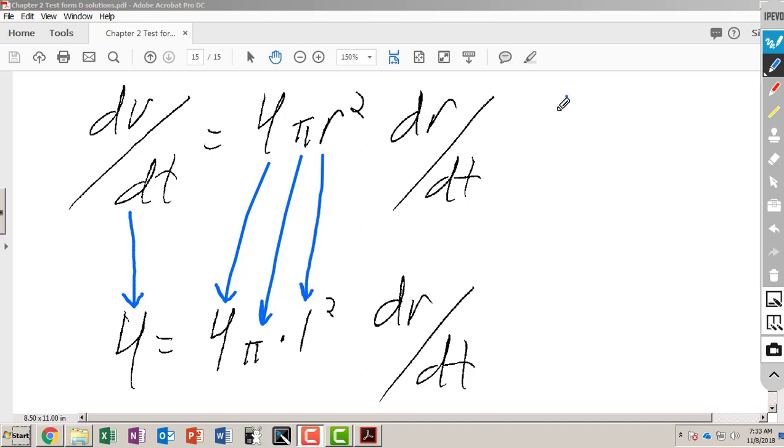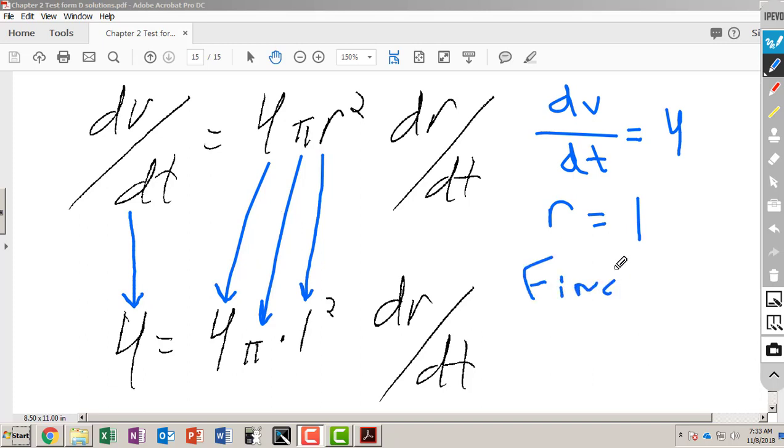So the problem actually gave us dV over dt is equal to 4, and also the radius is 1 inch. And then it just wanted me to find dr dt. So once you have your equation in the derivative form, it's just a matter of substitution.